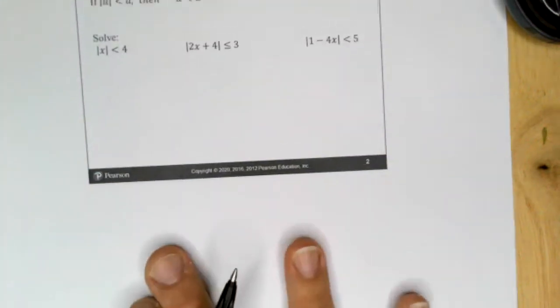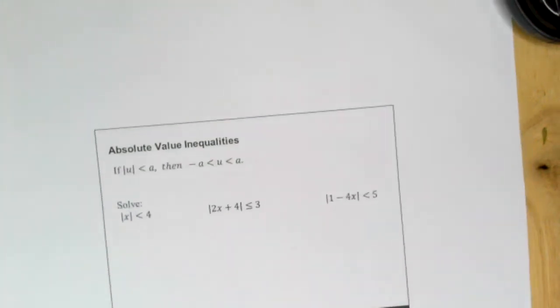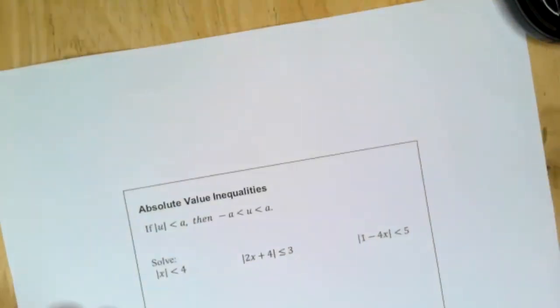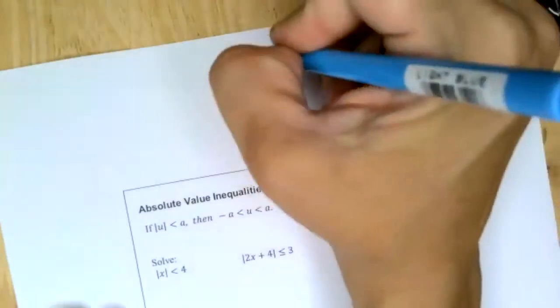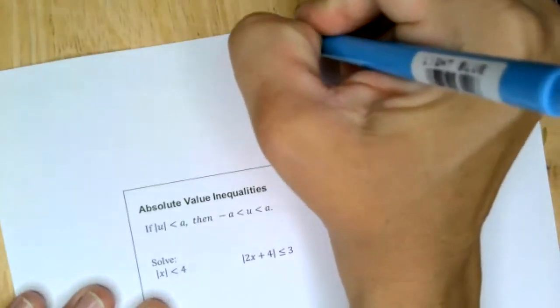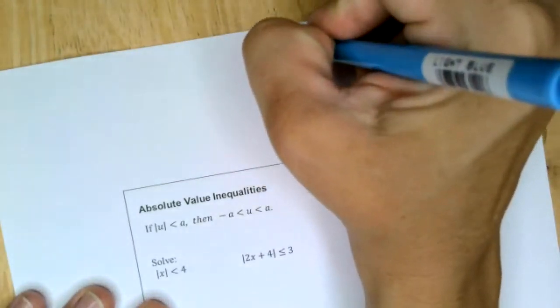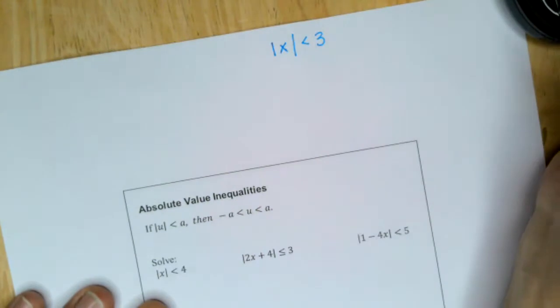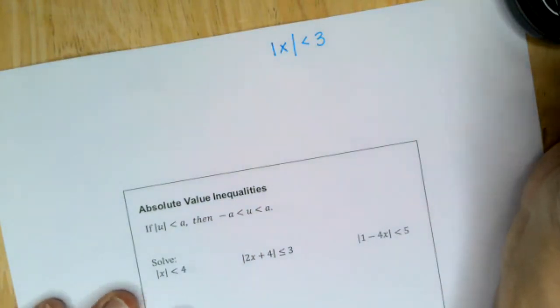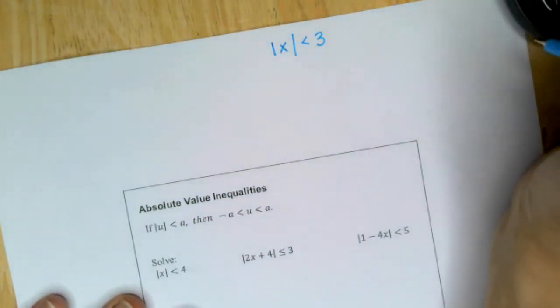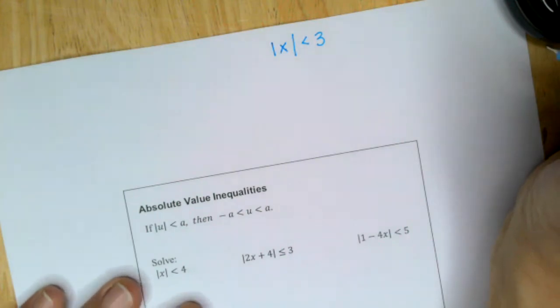Now we have inequalities. With inequalities, let's just start with an example. All right, our example is the absolute value of x is less than 3, okay? Think of every value I could substitute for x, take its absolute value and get a number smaller than 3.